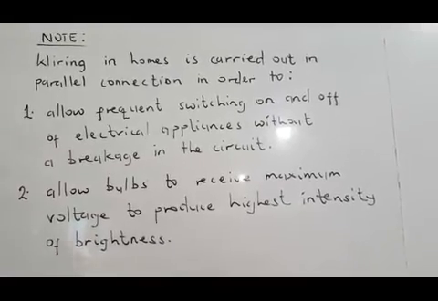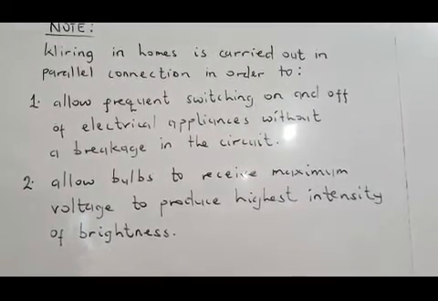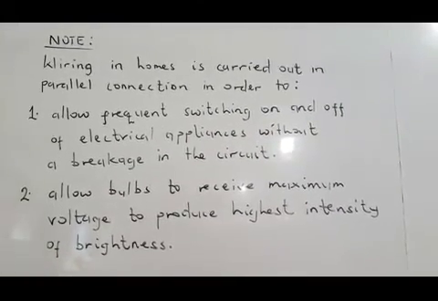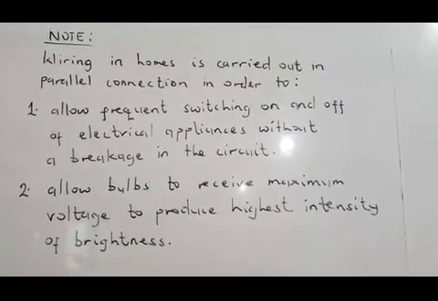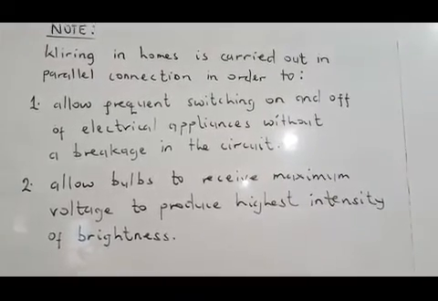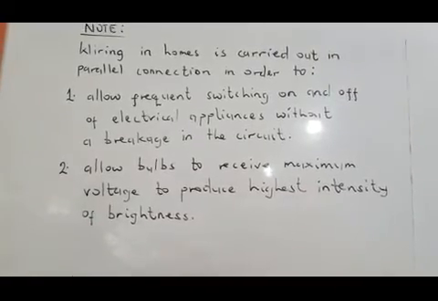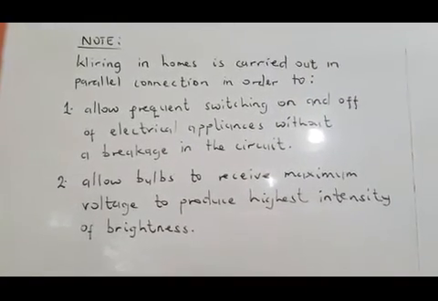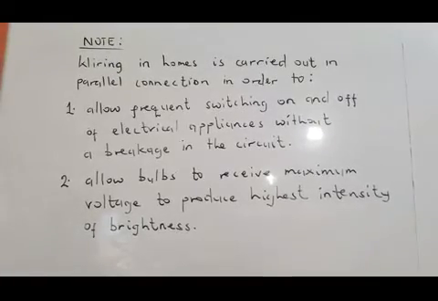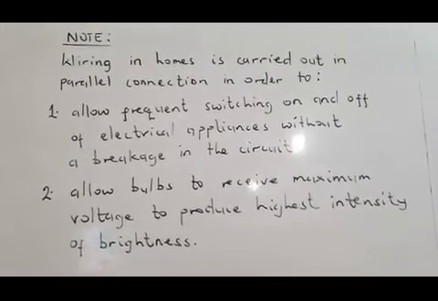So that is the main reason why the wiring in homes is carried out in parallel connection, so that when one appliance is switched off, the others can still be switched on. And then also, parallel connection allows bulbs to receive maximum voltage so that they can produce the highest intensity of brightness. So this is the solution to the assignment I gave.